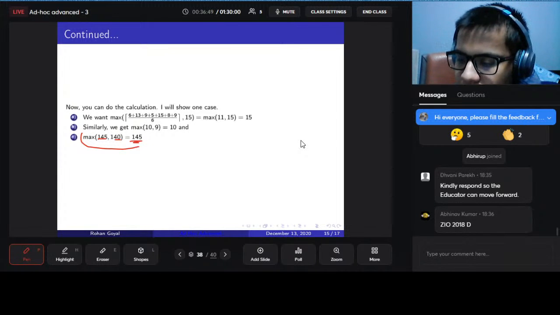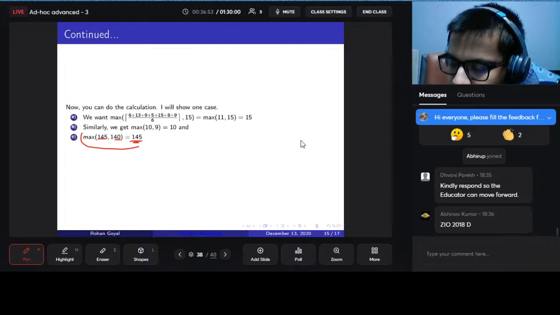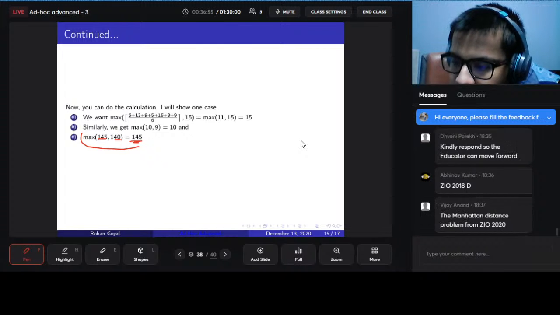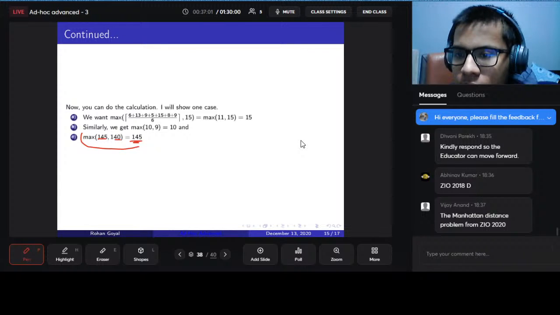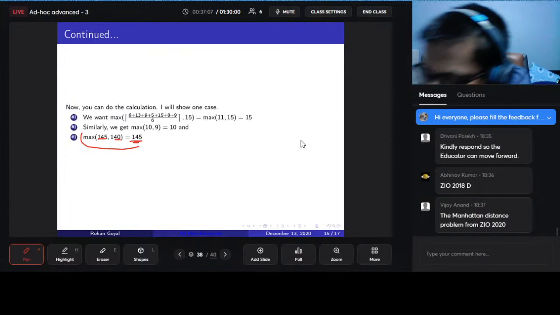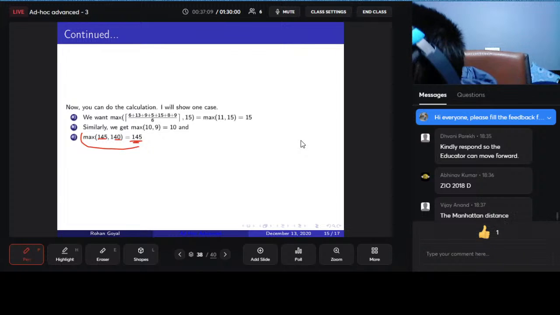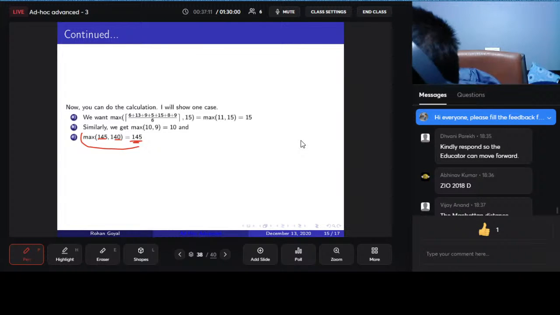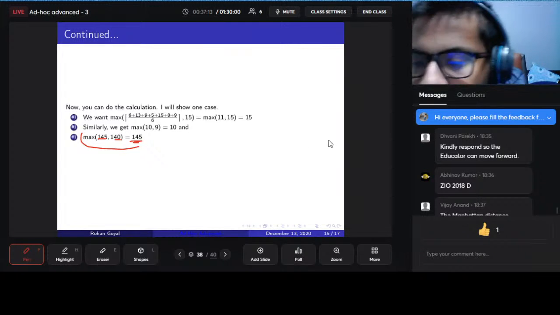It may take me some time to find it otherwise. The Manhattan distance problem was covered in the lecture by Neelav. You can check that out. Okay, ZIR 2018-4 has also been discussed actually.